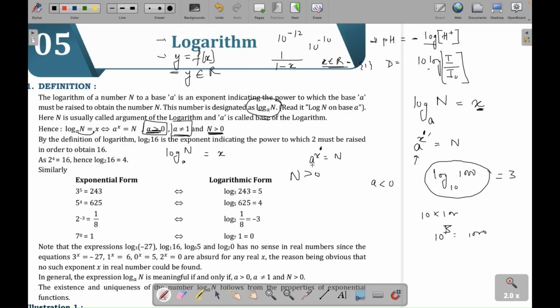So n is greater than 0, right? So you have a to the power x equals n. What if n was less than 0? Yeah, right. Because you have this condition n greater than 0, that automatically makes a also greater than 0. Say let us take a as negative. When a is negative and x is a fraction, then it will be an imaginary number.